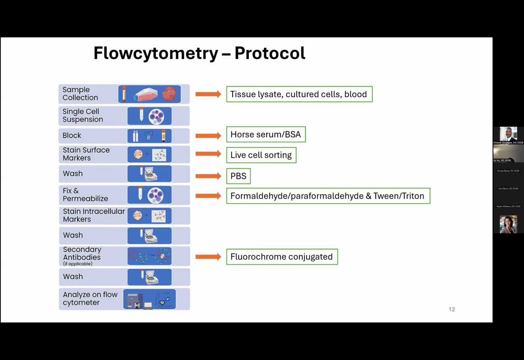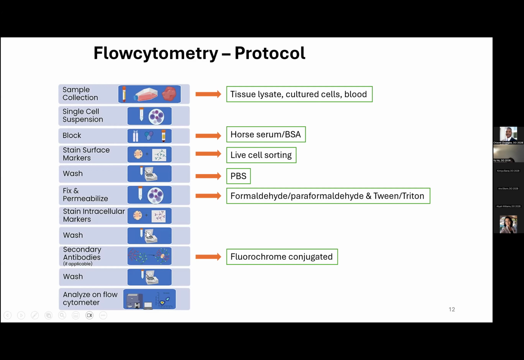Similarly, the antibody with fluorochrome conjugation should cross the cell membrane, go all the way to the nucleus, and bind to the protein of interest. That process is called permeabilization. For permeabilization, we use detergents, basically Tween or Triton. Triton is the most commonly used detergent for permeabilization, because Triton is a non-ionic detergent which cannot do much harm to the cells. And then that will stain for the intracellular biomarkers.